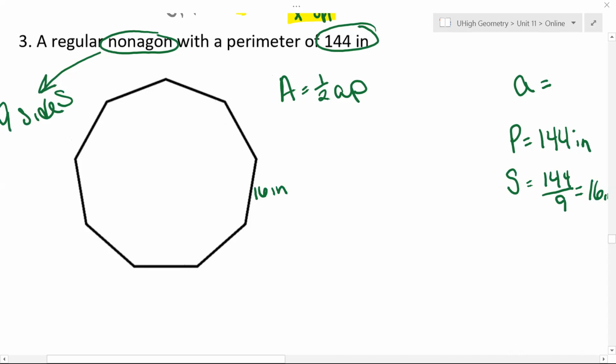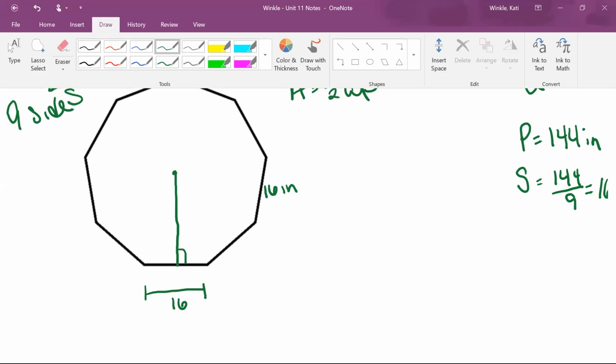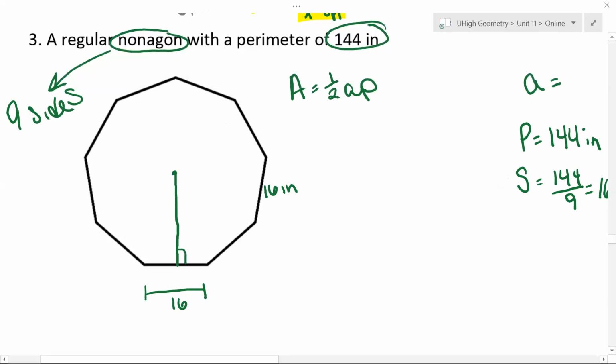So if I draw the apothem in here, I know I have a side length of 16. So when I draw in that triangle that I'm going to need to use to find my apothem, I know that the length from my apothem to the vertex is going to be 8 because it's half of the length of my side.